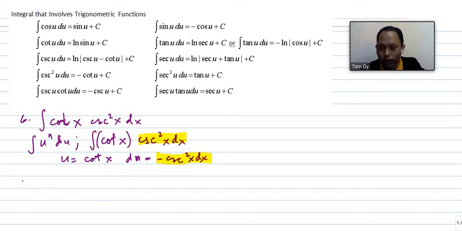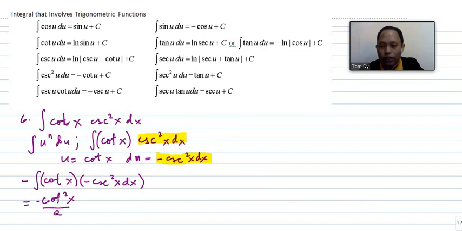So we will now write the sign, which is negative, and then integral of cotangent x raised to 1, and then instead of writing cosecant squared, we will write the negative sign of cosecant squared x dx. That means integral of u to the n du is then equivalent to negative cotangent squared x over 2.